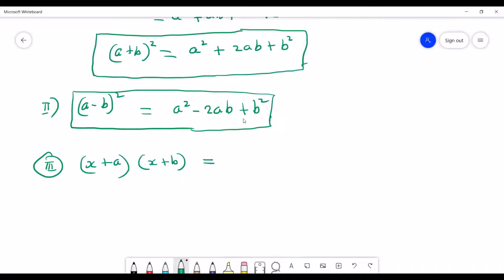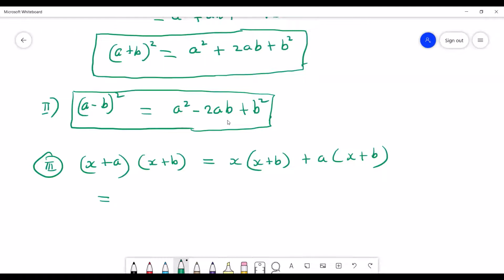Here it is (x + a) into (x + b). We have already studied that as per the distributive law, we can express this as x into (x + b) plus a into (x + b), isn't it? This we have just studied in part 1 of algebraic expressions.